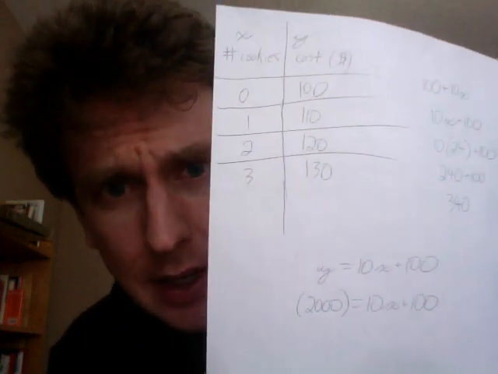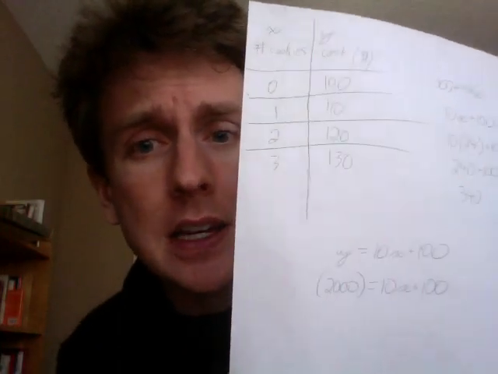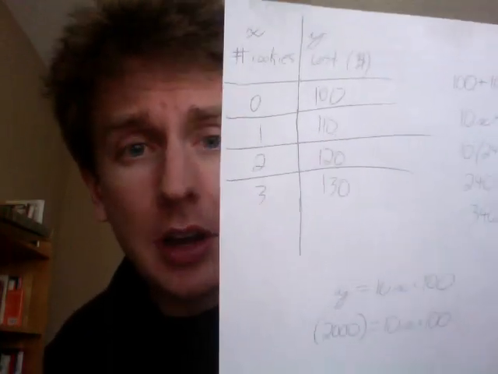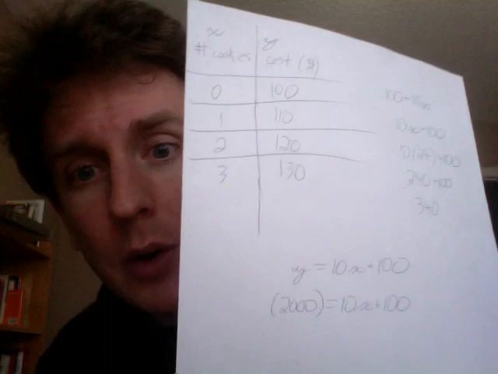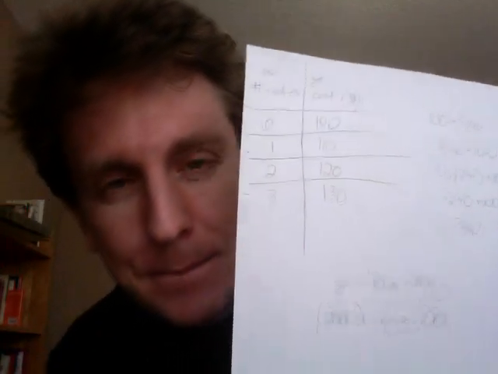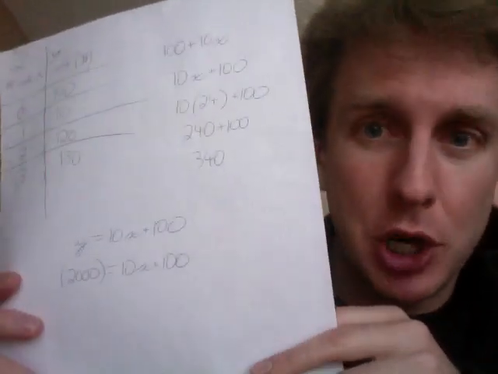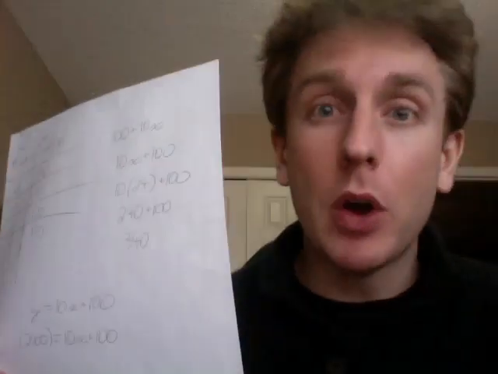So in this case, what are we going to do first? Are we going to divide by 10 to get x by itself, or are we going to subtract the 100 to get rid of that? Because remember, with an equation, whatever we do to one side, we have to do to the other. And the hard truth of it is, you're going to have to do the subtraction first. You might wonder why.